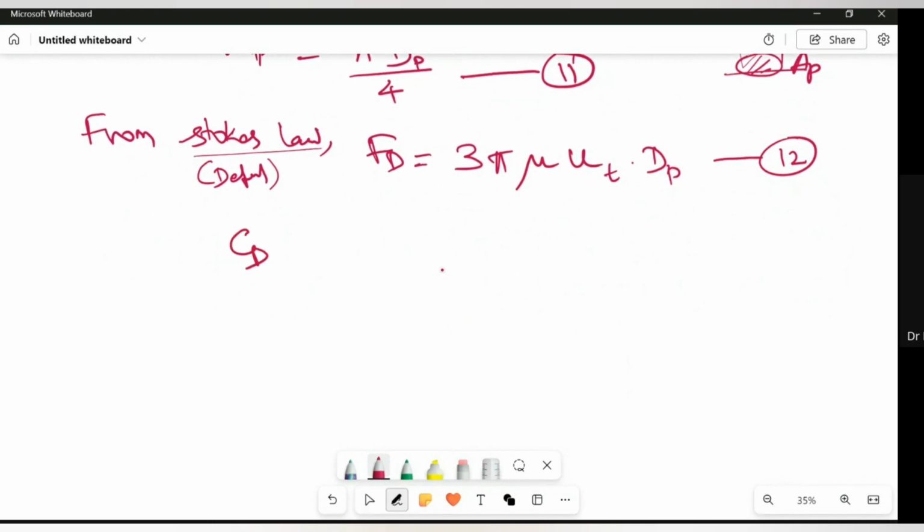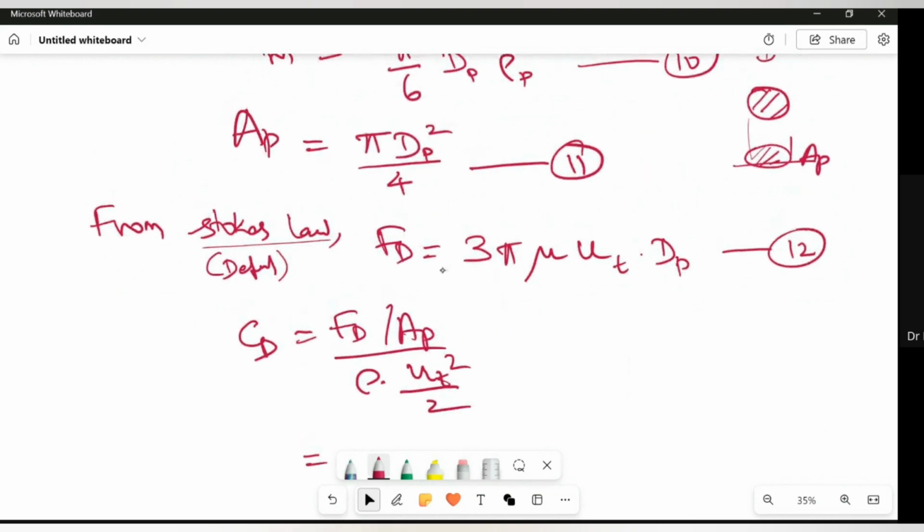By definition, CD is equal to FD by AP, rho into ut square by 2, in this case. Generally it is u, but here we are talking about terminal settling velocity. So we have this expression. We can show something, that is FD by AP. FD is from equation number 11, 12.